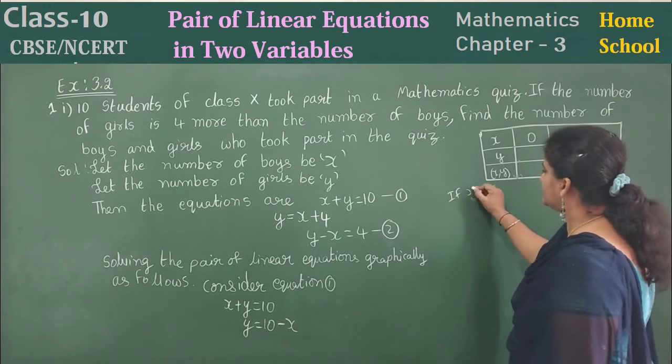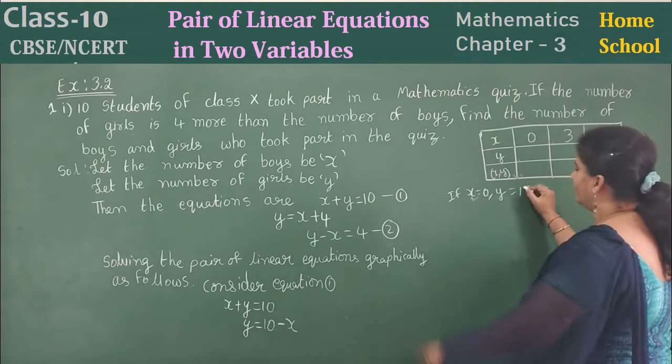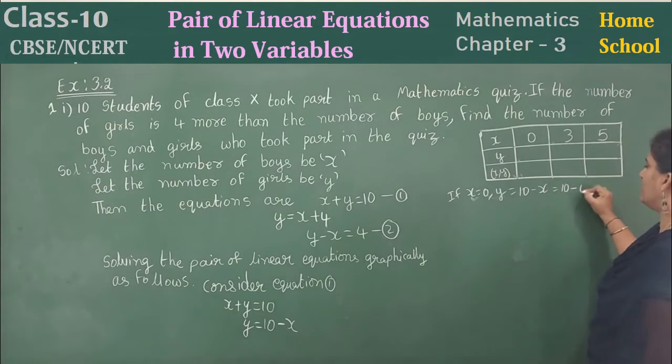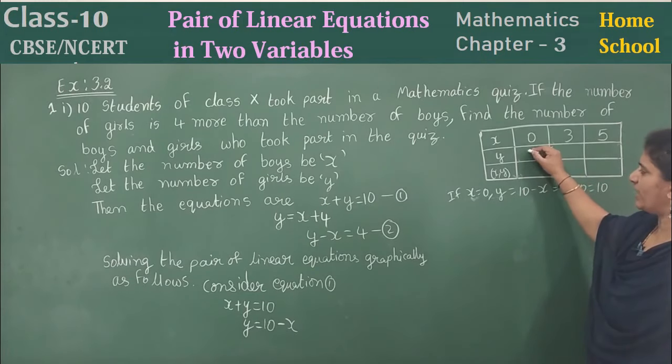If x is equal to 0, what is the equation you have? 10 minus x. That will be 10 minus 0 will be 10. If x is 0, y value is how much? 10.